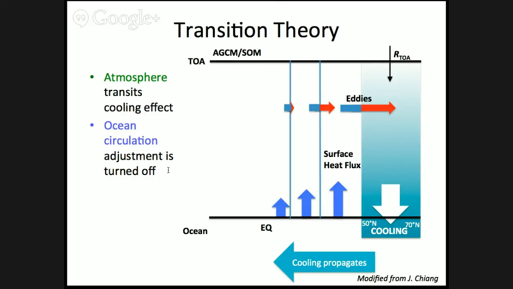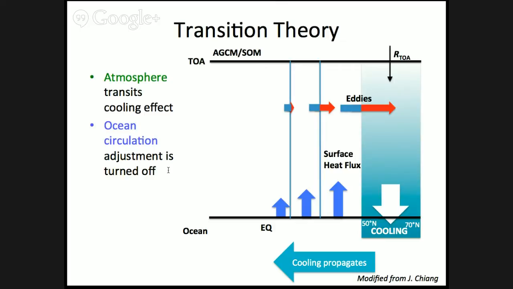This is the same as the previous, and the increasing eddy heat transport drains heat from the lower latitude, and this draining of heat from lower latitude requires more heat to drain from the surface and from further lower latitude. And this process goes on and propagates the cooling originating from the subpolar to the equator.